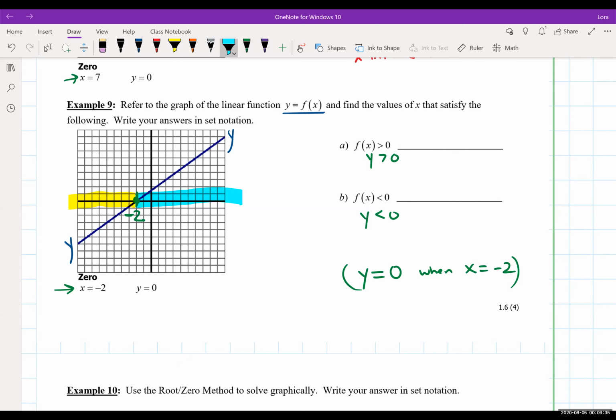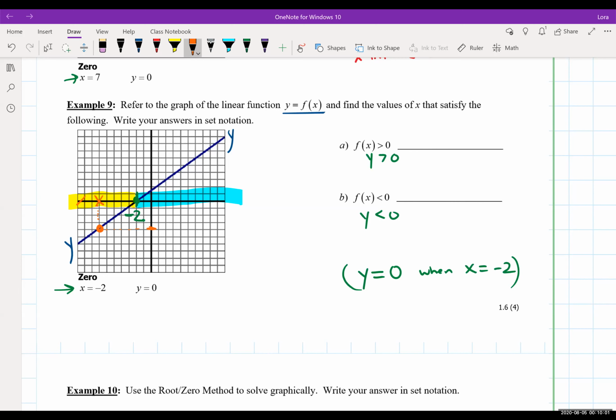So again, I go with a test point, and I will pick an x value in the yellow region. And in order for me to reach my function, you notice you have to map it downwards. And then you have to understand, when you mapped it downwards, what kind of y value you were getting. Is it a positive y value or a negative y value?